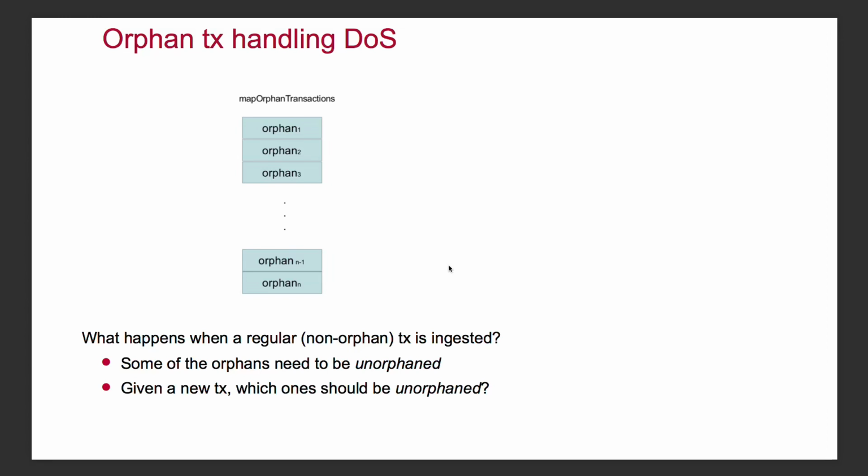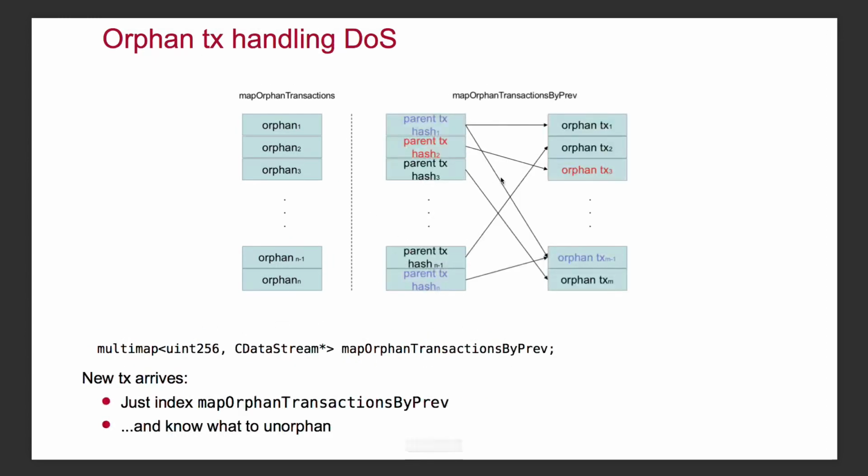If there is no bound on the number of transactions, then there is a DoS vector hidden in there. I'm running out of time, so I will not spend much time here anymore. The problem is, how do nodes delete orphan transactions? It comes down to deleting edges in this graph, and the number of edges is user controlled.